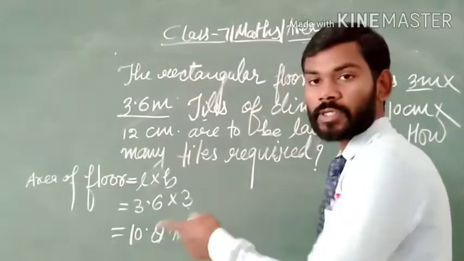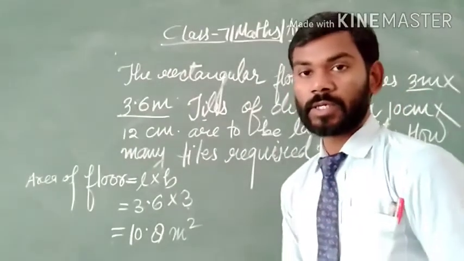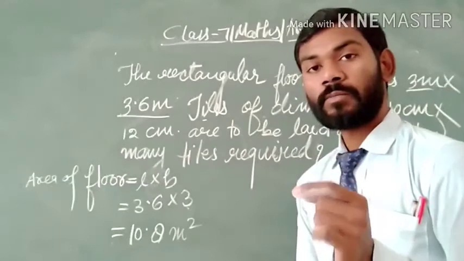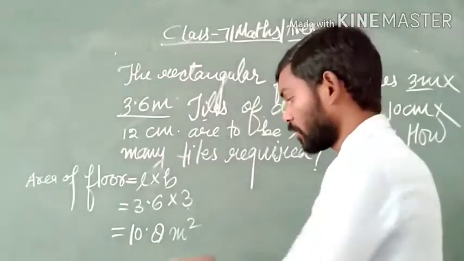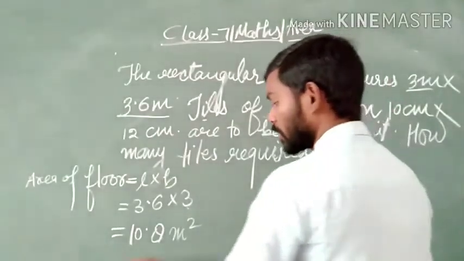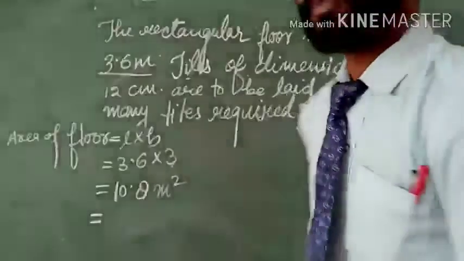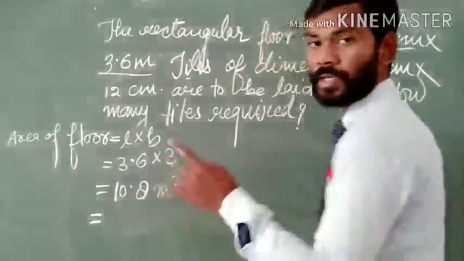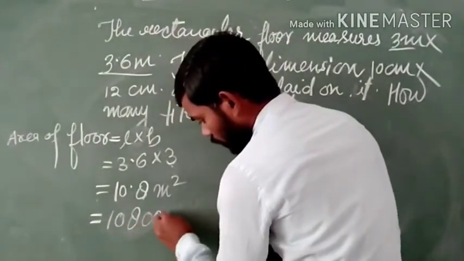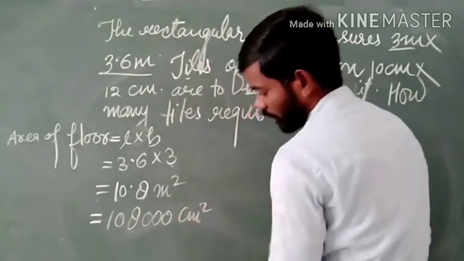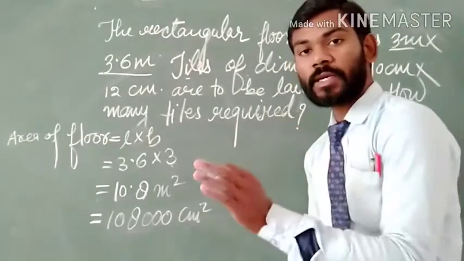Therefore we shall convert it into centimeter, since 1 meter possesses 100 centimeter. Therefore 1 meter square possesses 10,000 centimeter square, so we shall multiply it by 10,000. I will write it directly, because you all know whenever we multiply 10.8 by 10,000, we get 108,000 centimeter square. This is the area of the floor in centimeter square.